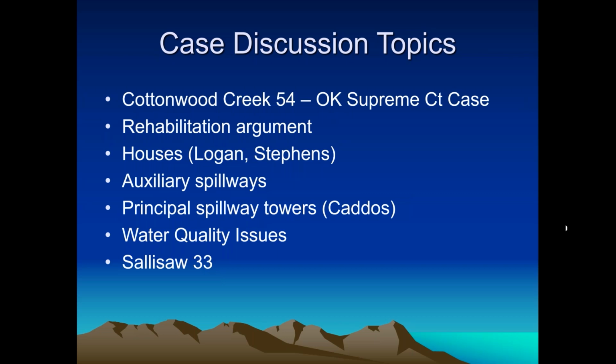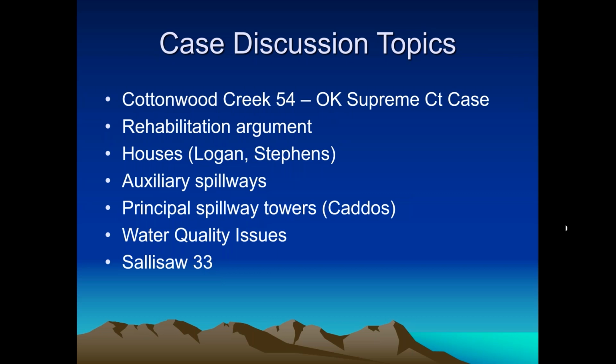And then we have 2 issues that we are dealing with in regards to principal spillway towers. In Oklahoma, the landowner has the right to sell the water in our retention structures, but that has led to a problem where they want to go in and cover the principal spillway tower with something so that the water won't go through the tower and the structure will hold more water.